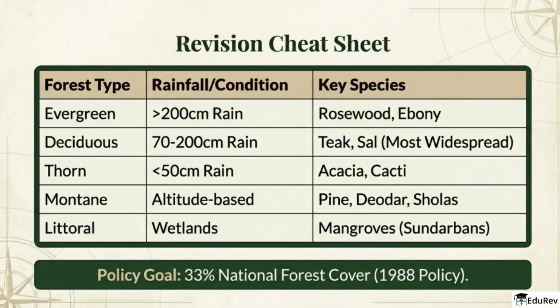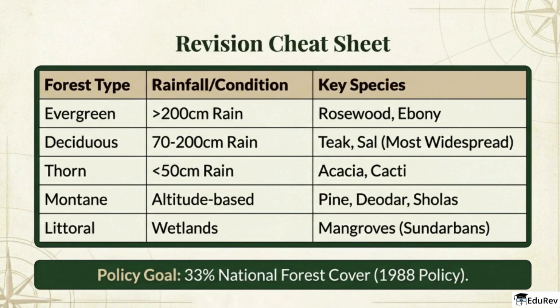Now let's lock the revision sheet. Evergreen forests need more than 200 centimeters of rainfall and give you species like rosewood and ebony. Deciduous forests occur under 70 to 200 centimeters rainfall and are the most widespread, with teak and sal as major species.